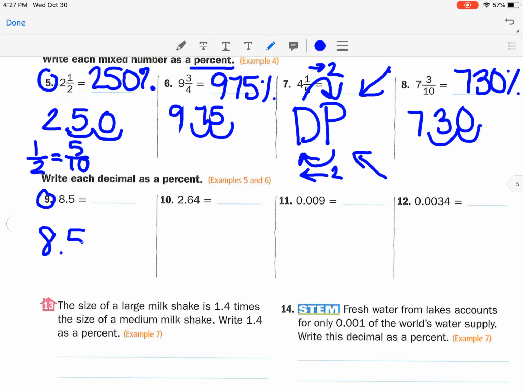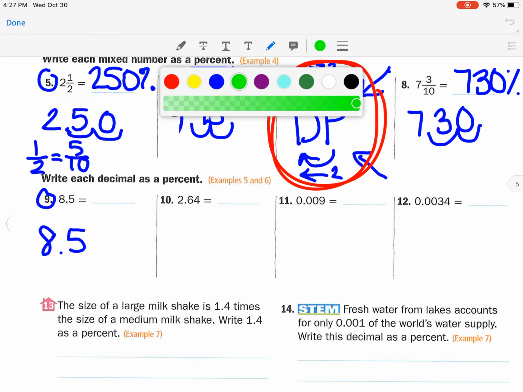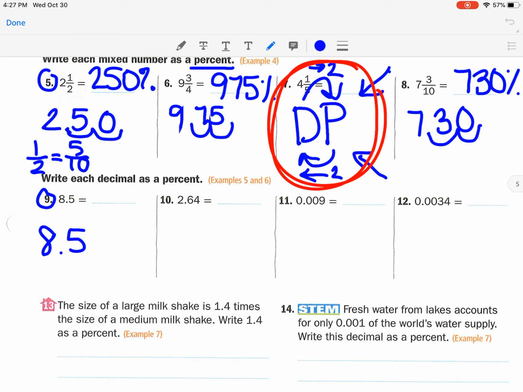So 8 5/10, a decimal. I'm going to go ahead and circle this right here again so that we use this. Okay, a decimal to a percent means that we are going to move it 2 places to the right. 1, 2.